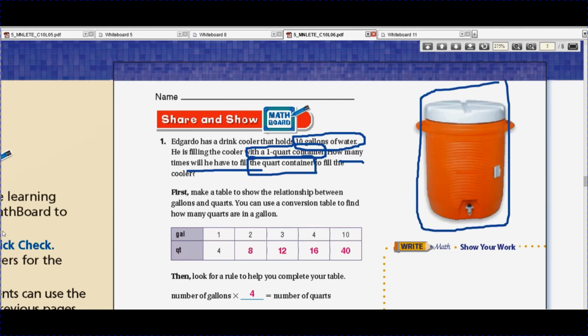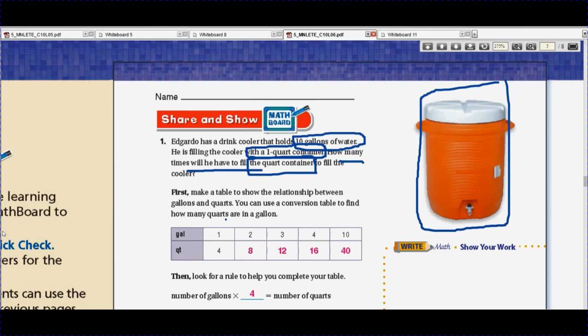Okay, so we are going to convert between gallons and quarts, or between quarts and gallons. So we have here how many quarts in 1 gallon. As we studied before, in capacity units, we have 4 quarts in 1 gallon. If you want to convert from gallon to quart, you have to multiply by 4.